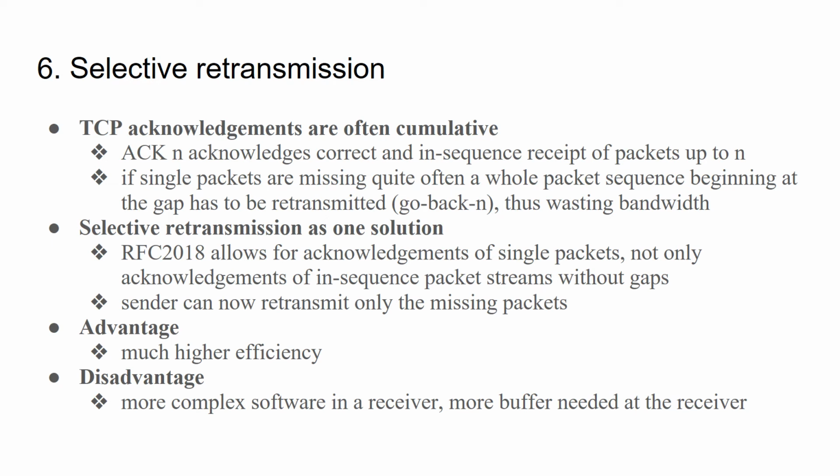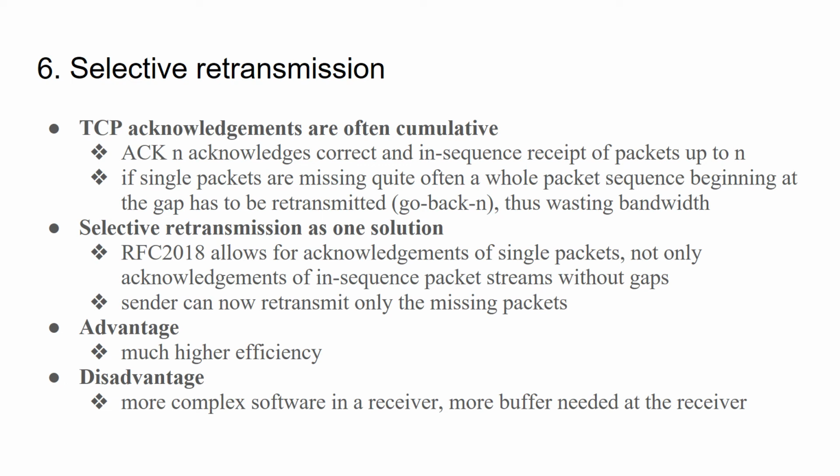So next topic is selective retransmission. TCP acknowledgements are often cumulative. If single packets are missing, quite often a whole packet sequence beginning at the gap has to be retransmitted. And selective retransmission is one solution.